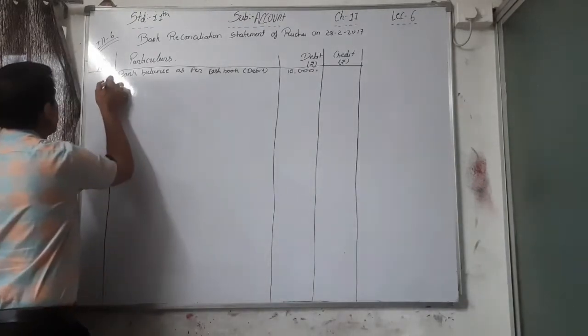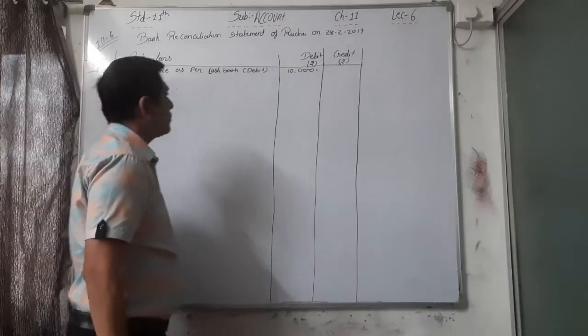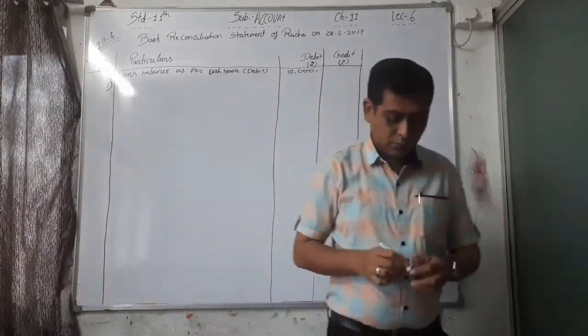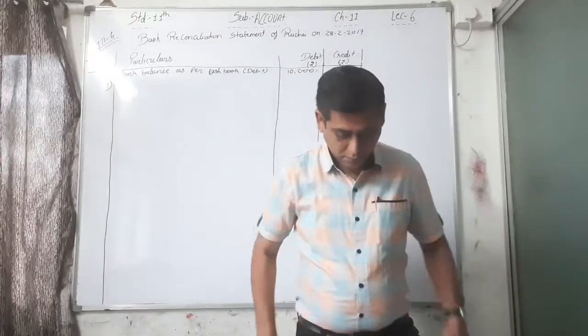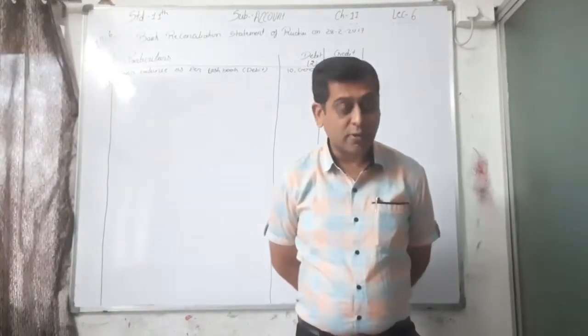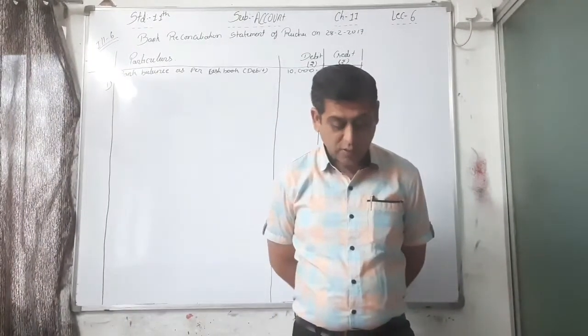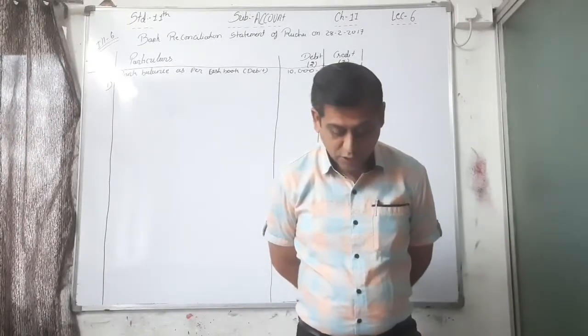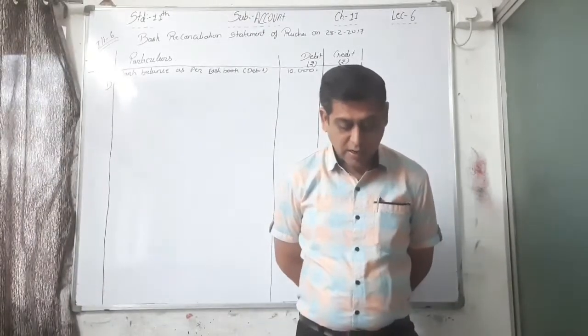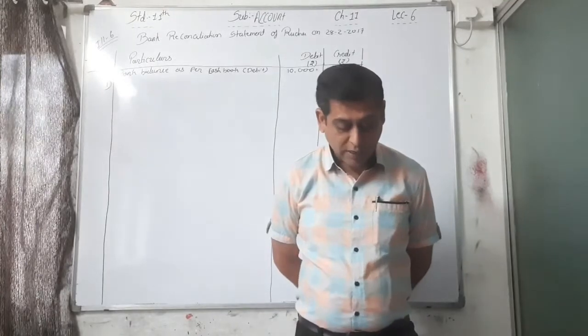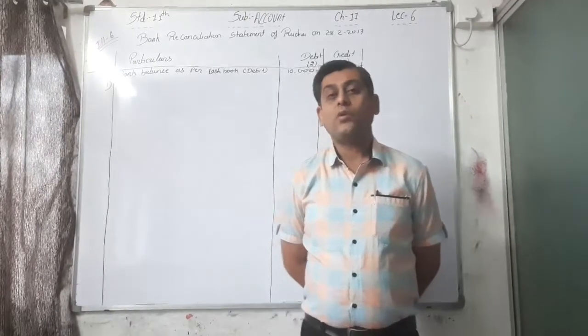Now the first point. Cheques of rupees 10,000 were deposited with the bank, out of which cheques of rupees 4,000 were credited by the bank till 28th February 2017.